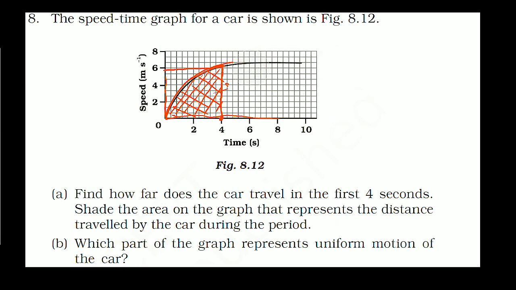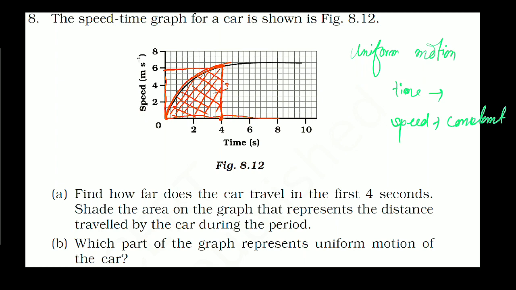So this is the area that I have solved. Now I will choose one different color, then it will be clearly feasible for you to understand, right? What question B is saying is which part of the graph represents uniform motion. Now we have to understand that for uniform motion, with time, the speed should be constant.